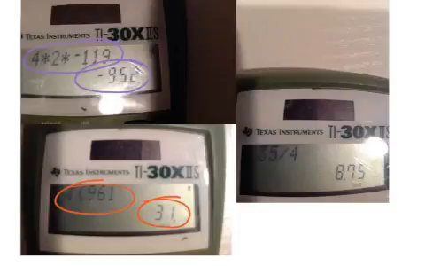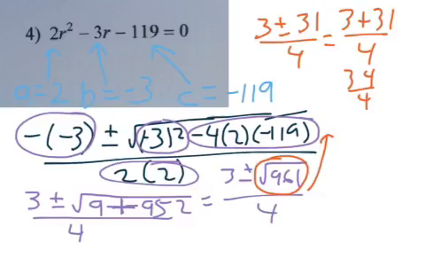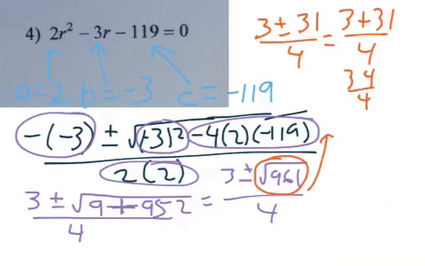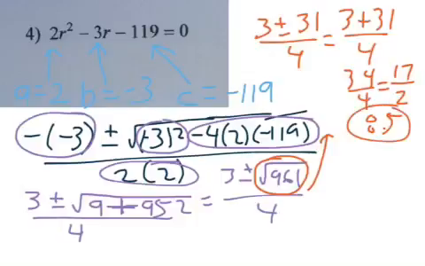As you can see, darn it, I made a mistake there. So I'm going to have to do old school, but let me just double check. Square root of 961 is 31. Okay, so 34 over 4 is 17 halves. And then 17 divided by 2 is 8.5. Okay, now we did the plus, follow the green.